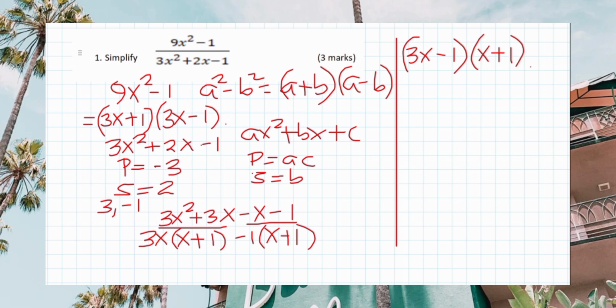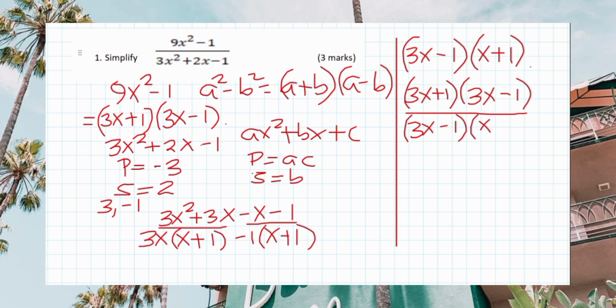Then from there we combine the numerator and the denominator. The numerator is (3x + 1) multiplied by (3x − 1), all divided by (3x − 1) multiplied by (x + 1).